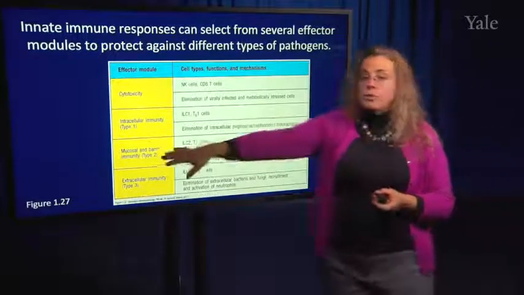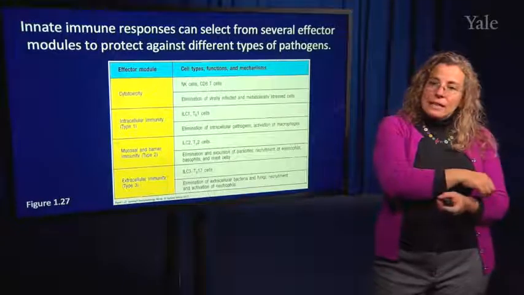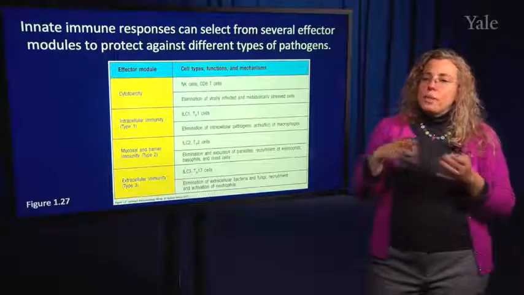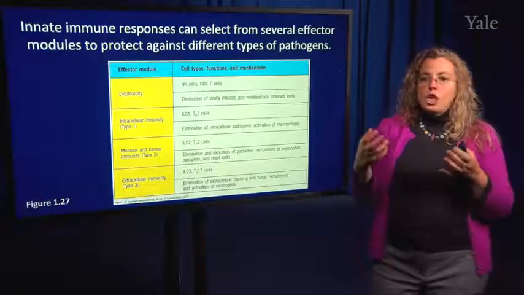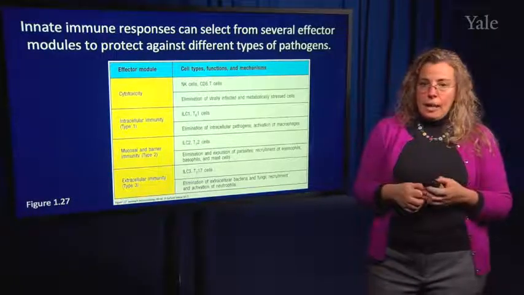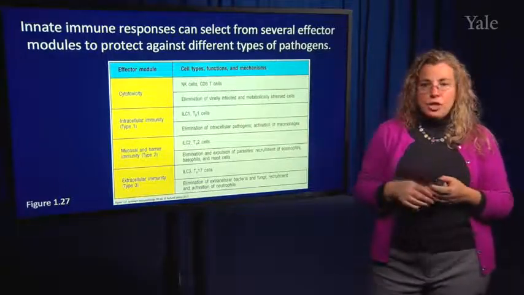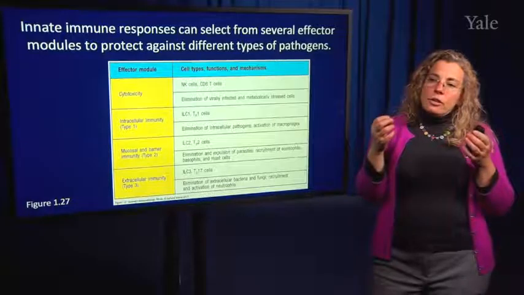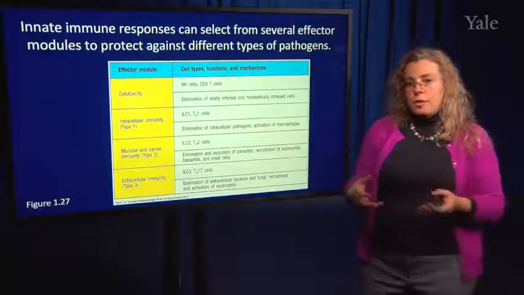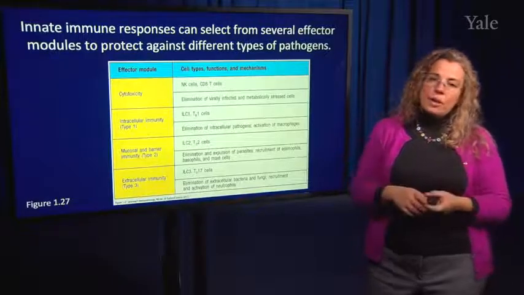So mucosal sites have a different response, for instance, than the skin. So the innate immune response knows where it is in the body, is able to determine what type of infection generally is occurring, and then is trying to tailor somewhat the response to what that type of pathogen is and where it is showing up in the body.